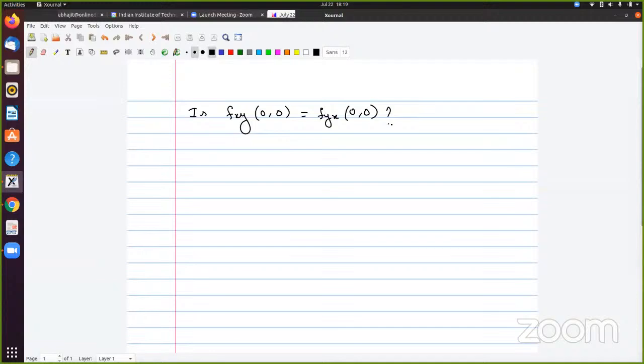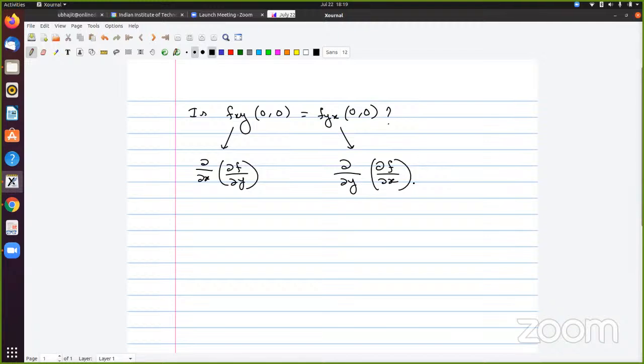So what is f_xy? f_xy is del x of this. At first you take the first order derivative with respect to y, then again with respect to x, and f_yx is del y of del f del x. So first you do it with respect to x, then with respect to y.